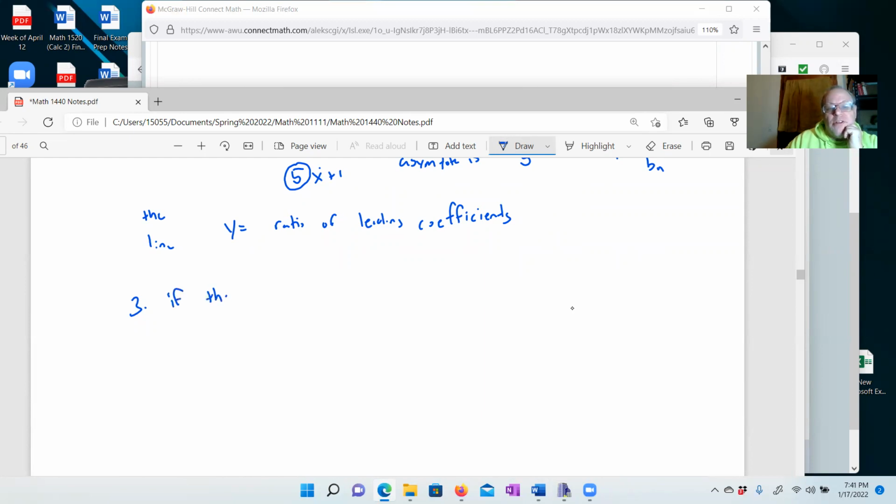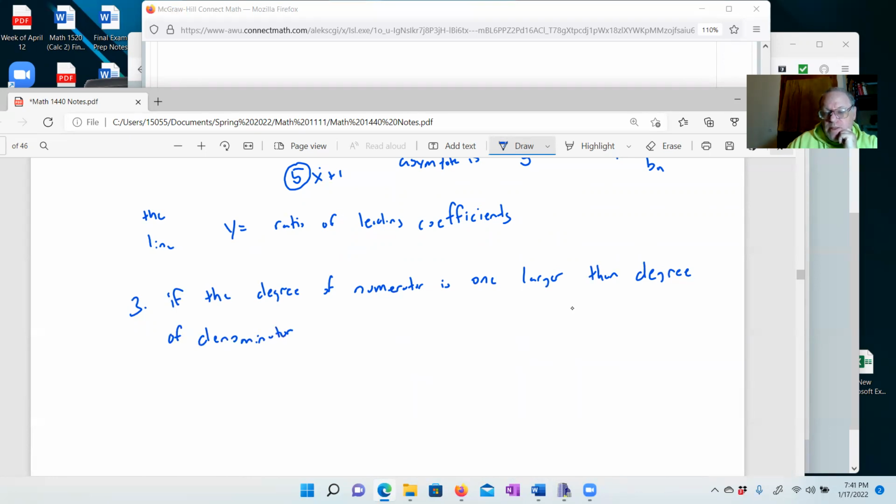If the degree of the numerator is bigger by 1, is 1 larger than the degree of the denominator, then we have an oblique or a slant asymptote.